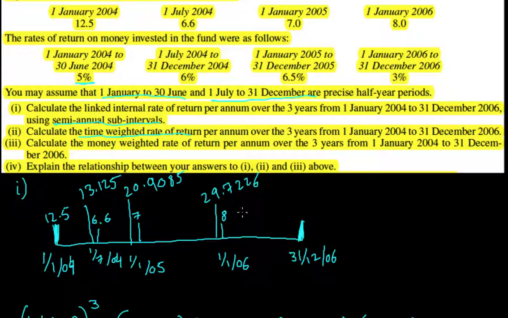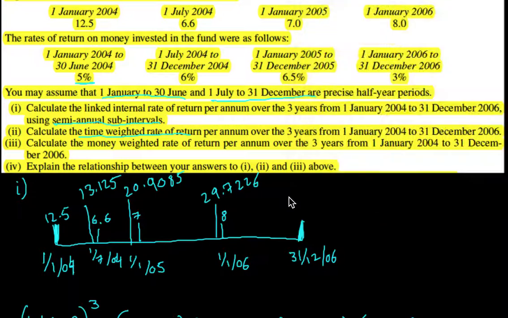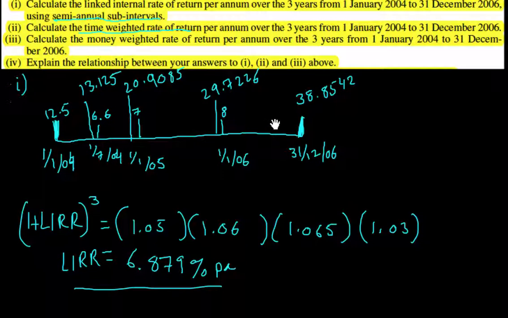And then last we add 8 to that, and we get to add 3% to all of that. So it is this amount plus 8, times 1.03. Okay, so that's 38.8542. Alright, so let's write that down, 38.8542.